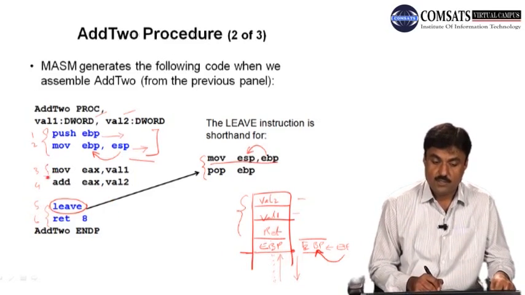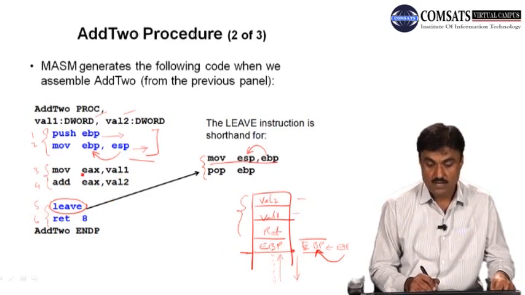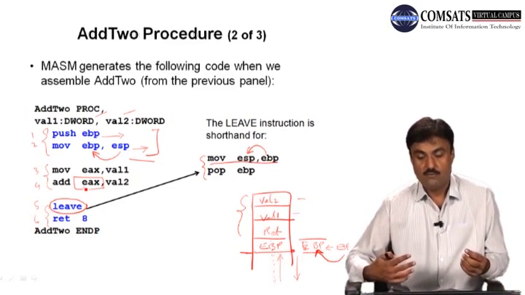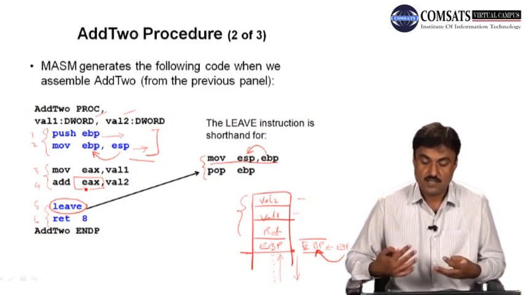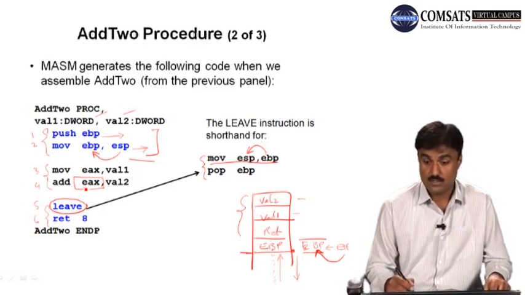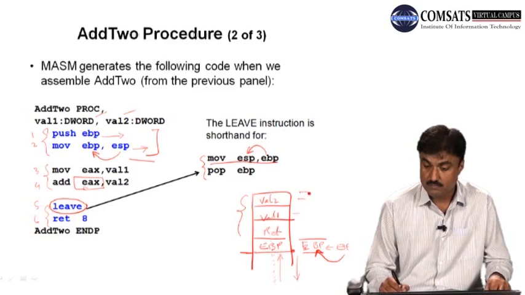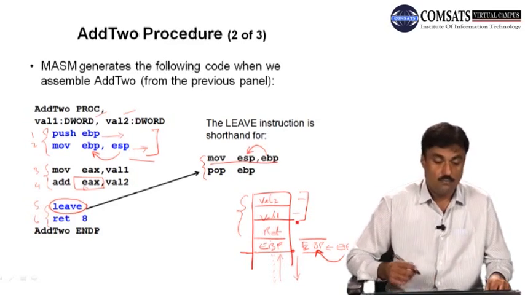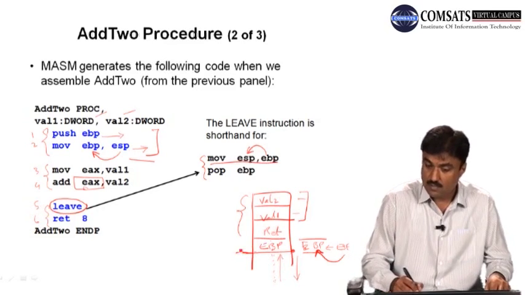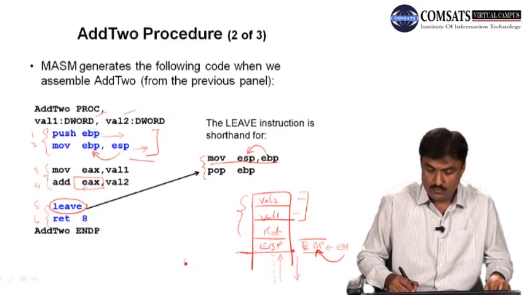Now when we perform all these operations, EAX has a value, we perform addition, and now EAX has the sum of all. So the fourth instruction will store the sum inside EAX. Now before leaving this whole procedure, as I told you, we have to clean up this area also. ESP is at this point, maybe ESP's value is somewhere here.